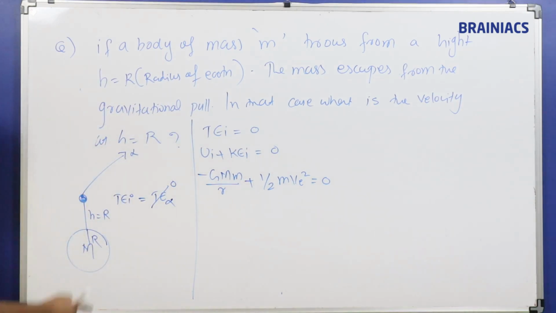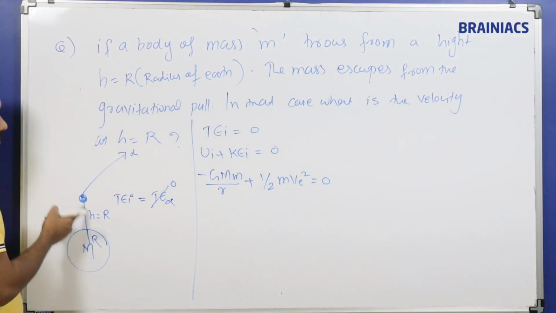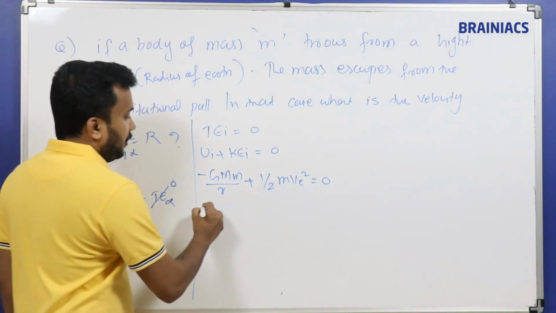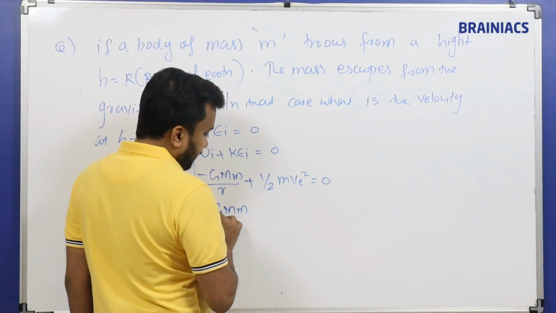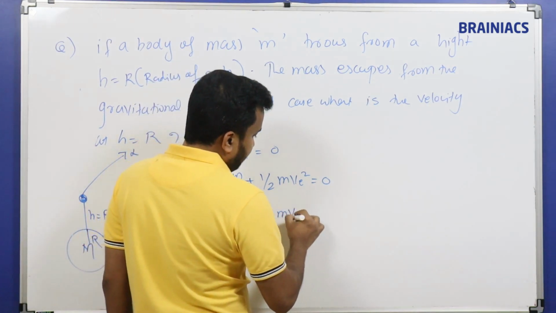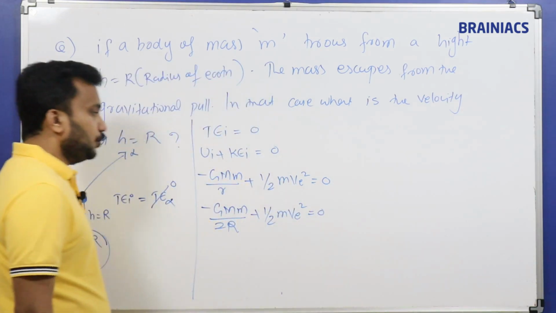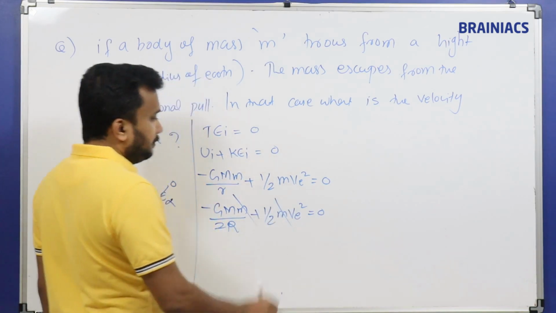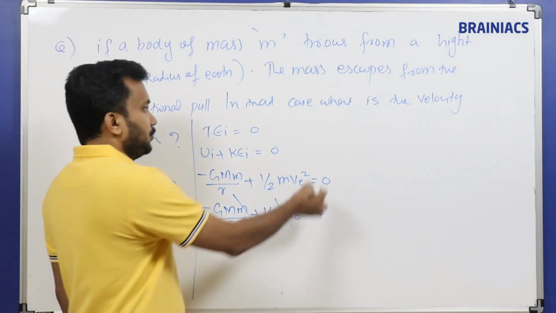What is small r? Small r is the height from the center of earth. R plus h means R plus R, so it is 2R. Minus GMm divided by 2R plus half m V_E square is equal to 0. Everywhere we have m, so m gets cancelled.